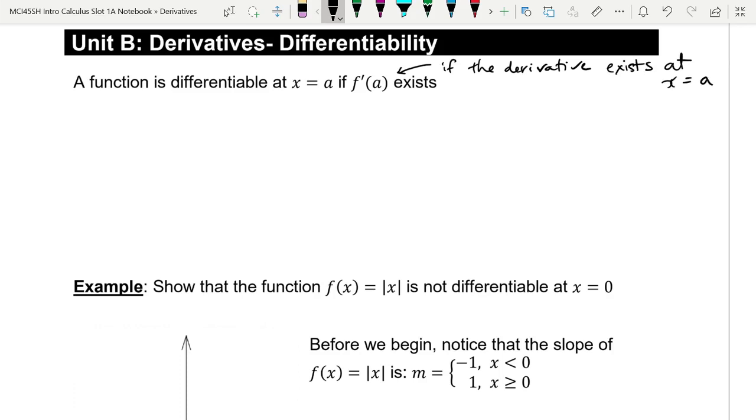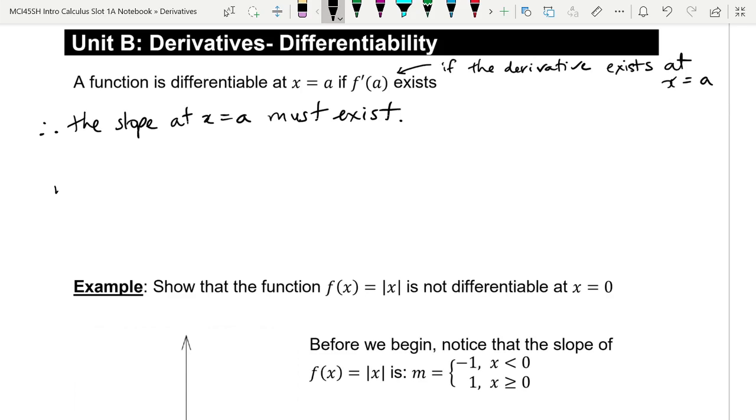So now remember what a derivative is, right? A derivative is a slope. So that's the same thing as saying that the slope at x equals a has to exist. Now, let's go back to our first principles of how we found the slope of a curve.